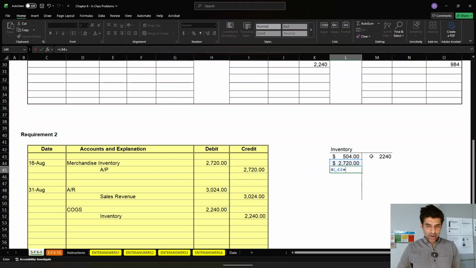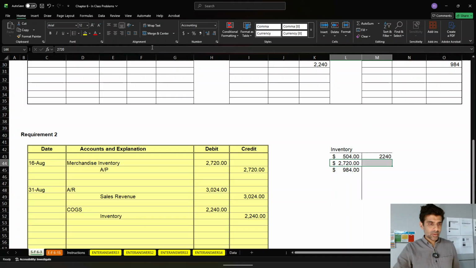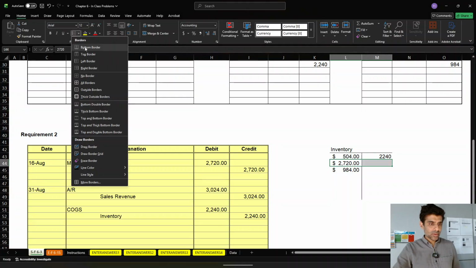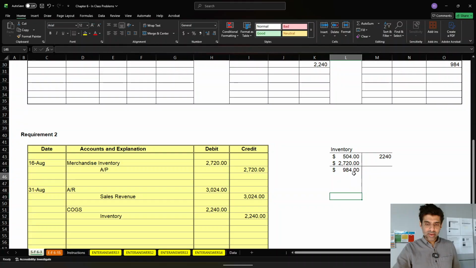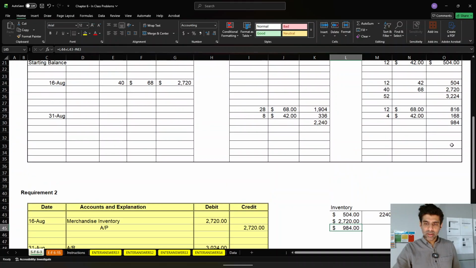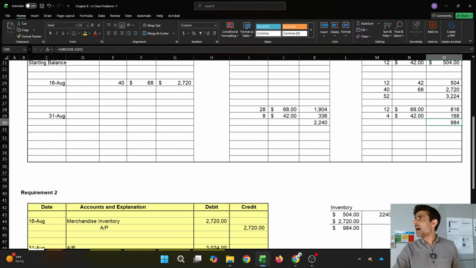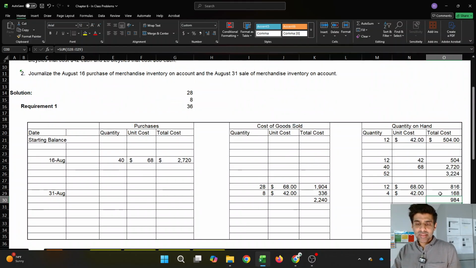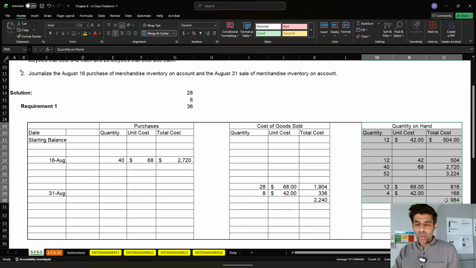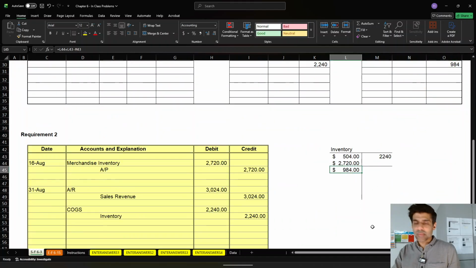Okay, so now let's find out what our balance is. And we see here that our ending balance of inventory is exactly the same as what we have here in our more detailed table. Okay, so that's your check to make sure you did this right. That this quantity on hand, the total value of the inventory, should be the same as your T account if you're just tracking the totals.